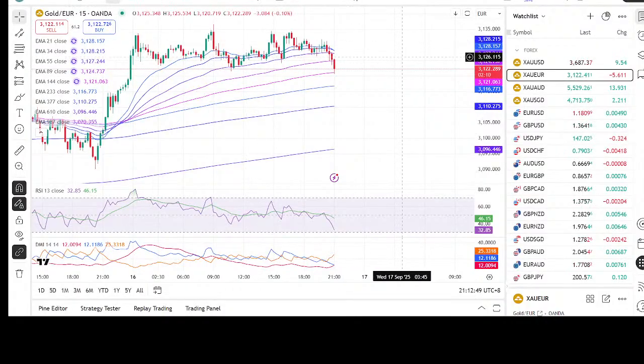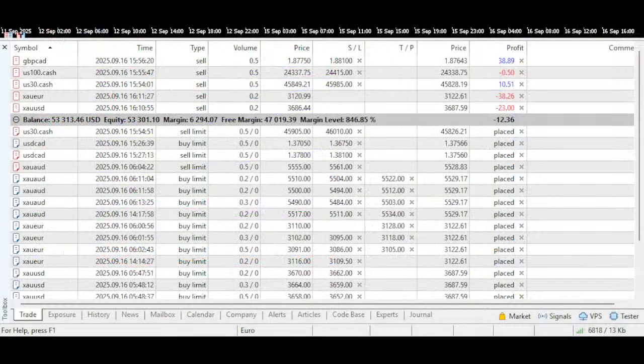So we are going to put a stop for the gold euro at 26 or 27. Then we will go for another sell at 25. So we'll go for a second entry. This one we are going to go for a stop at 27.